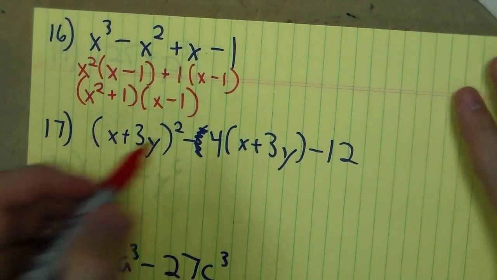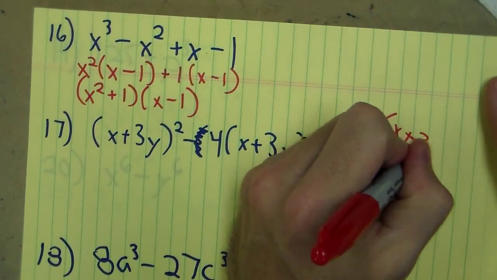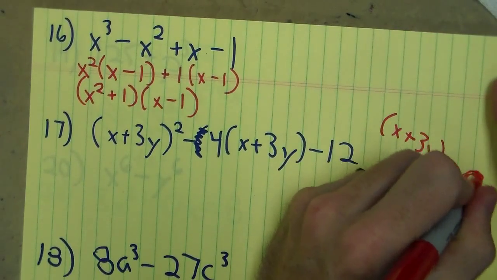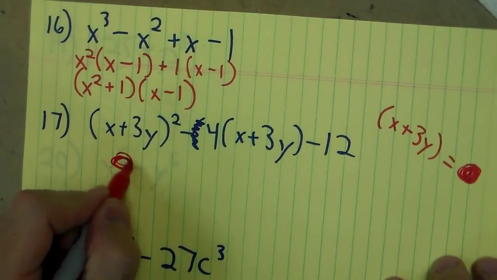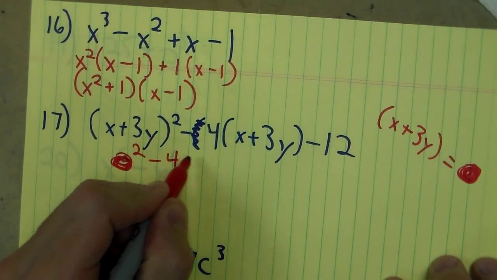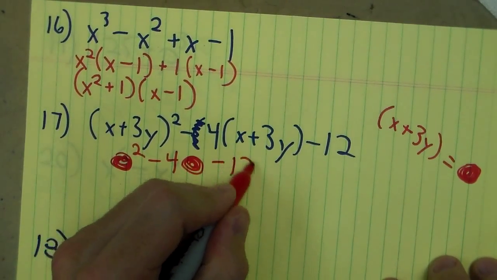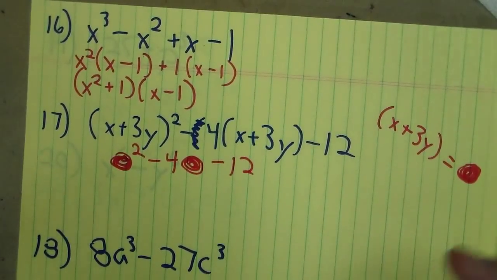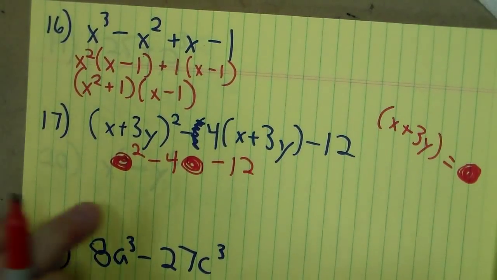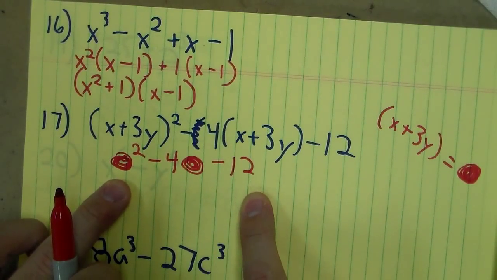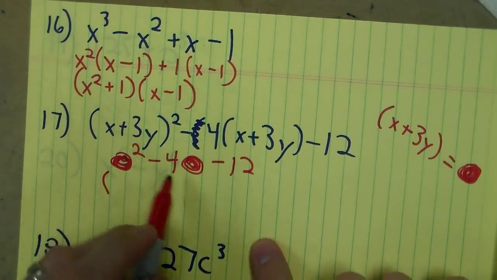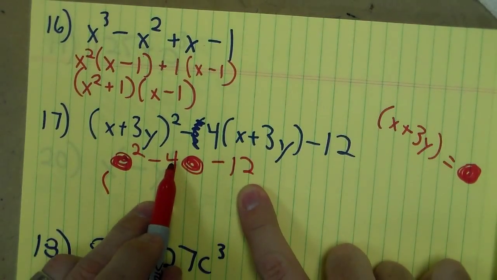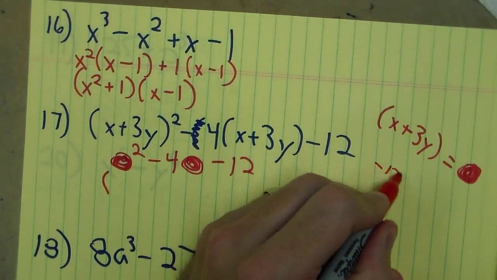What if we just thought of x plus 3y as a blob? So this actually becomes blob squared minus 4 blob minus 12. If you don't like blob, make it a or b or some variable, because I can factor this with that out. So if I do that, this becomes multiply to negative 12, that adds to negative 4.